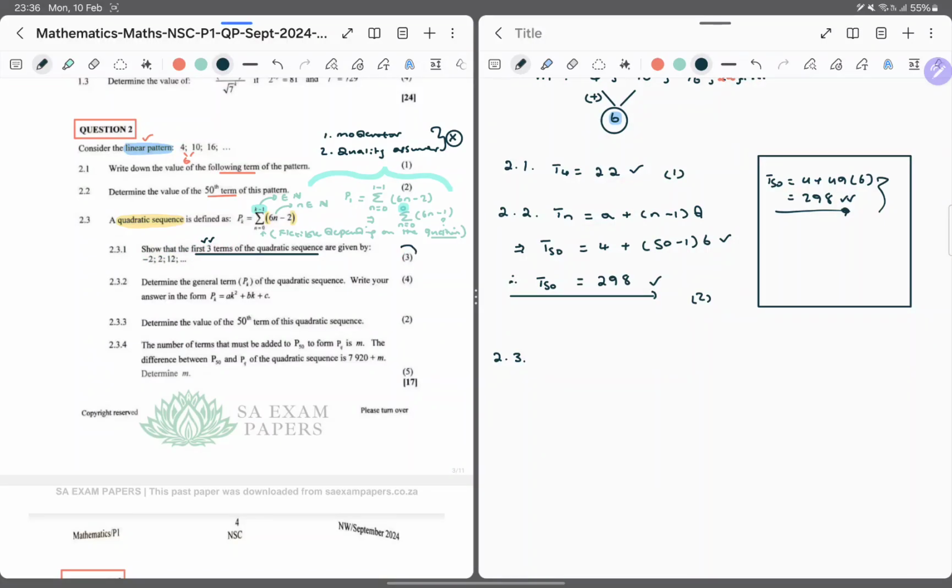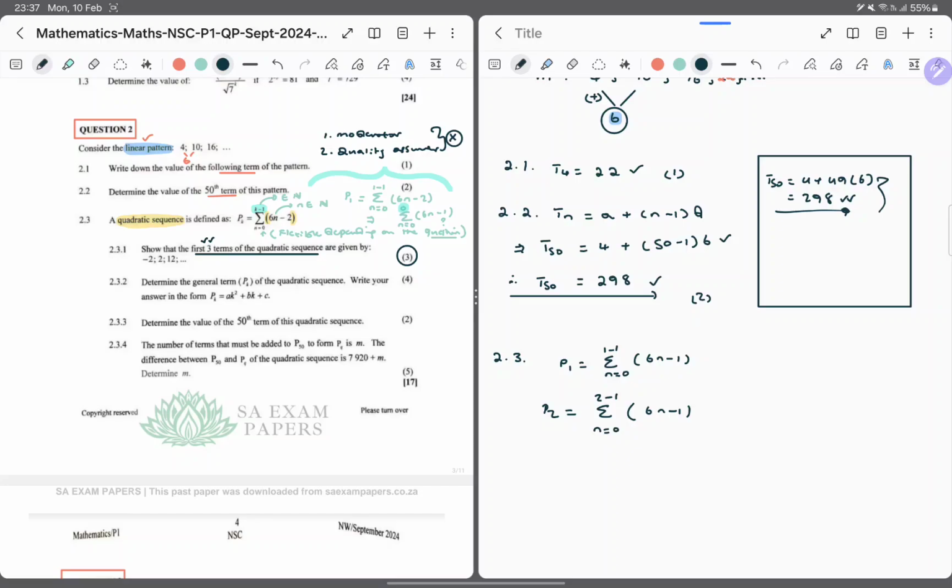And can you see the mark allocation is suggesting that probably the technique here is to say P1 is going to be the sigma of 1 minus 1, and from 0 of 6 into n minus 1. And then P2 is suggesting that we're going to have the sigma of 2 minus 1, and something like this.